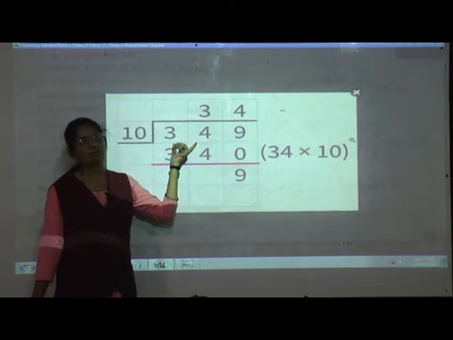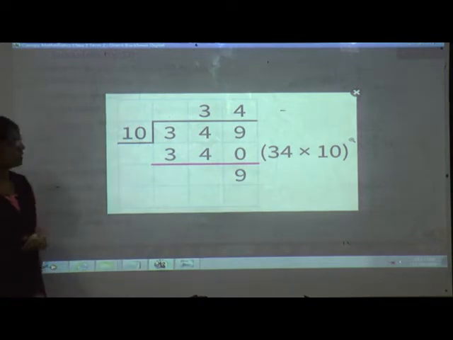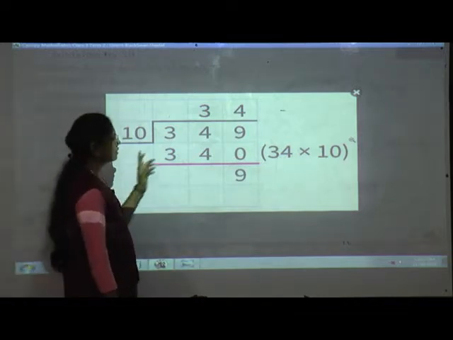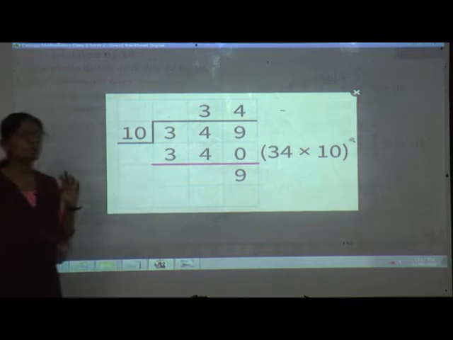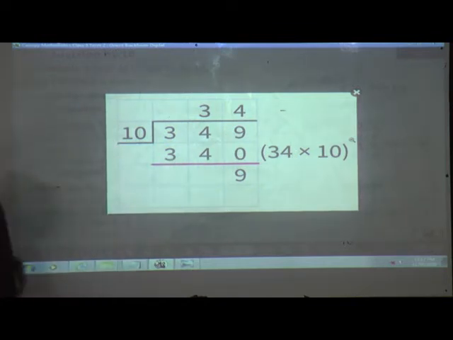No, 34 is not there. Then we'll find the smaller number than 34. 30 is there. 10 threes are 30. Then 34 minus 30, 4 will remain. Then take this 9 down. Then we will get 49. Now 10 fours are 40 and then we will get remainder 9.